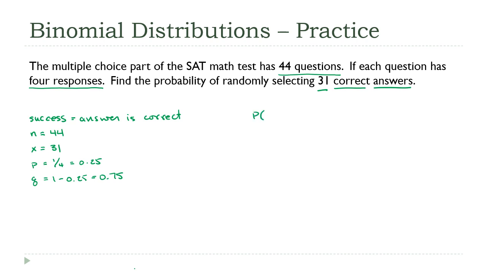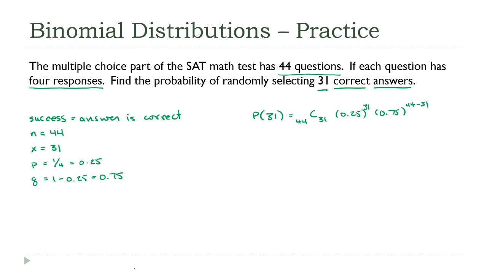All right, so now we can go to the formula. P of 31 is 44 choose 31, times 0.25 to the 31st power, times 0.75 to the 44 minus 31 power.